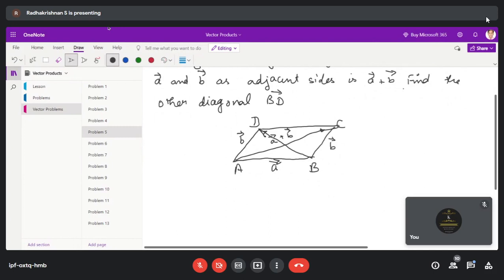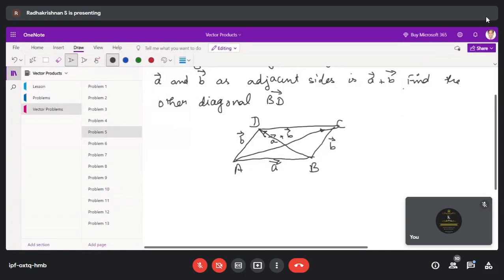Sir, A vector plus B vector, sir. What did you say? Can you type it? Diagonal AC is A plus B. Now I am asking what is BD? They are not equal, right? They are not the same.